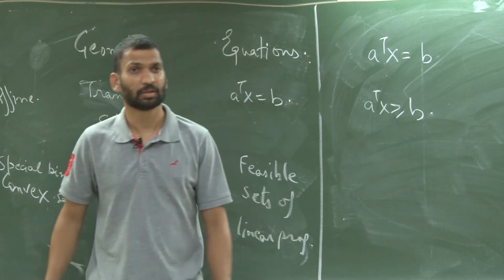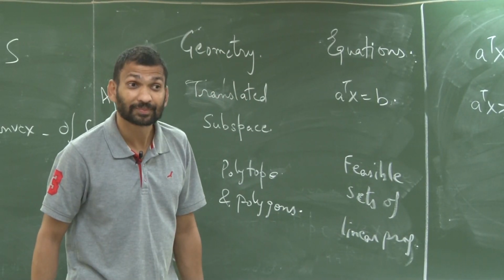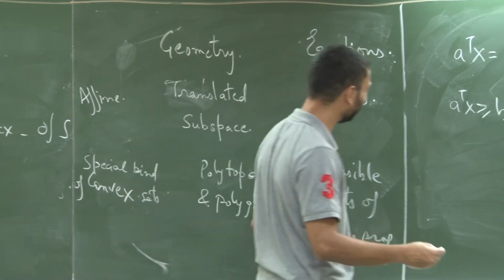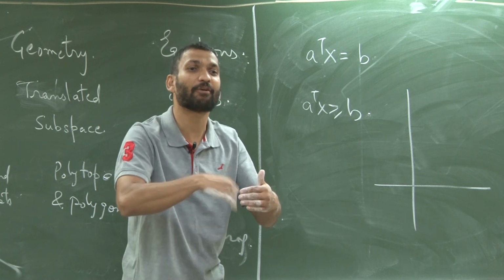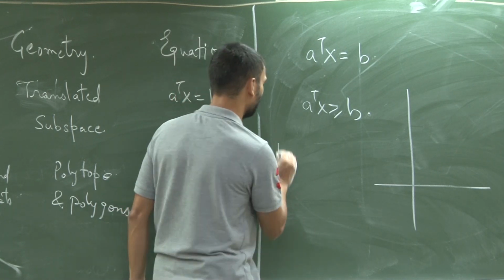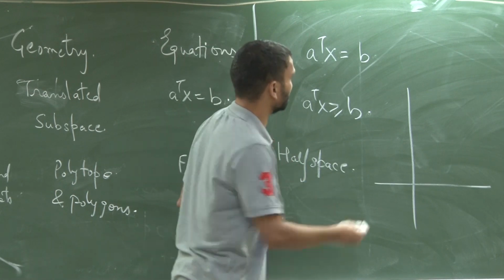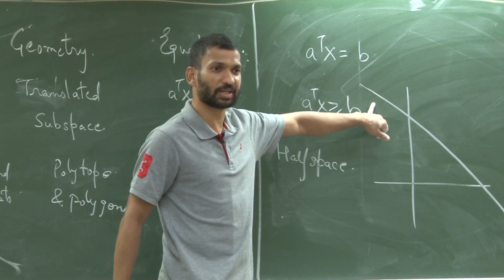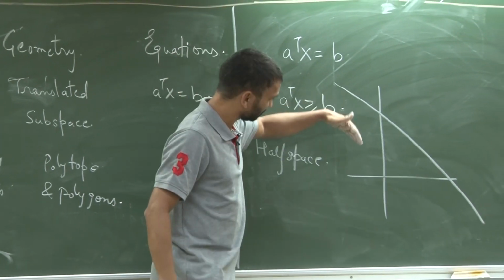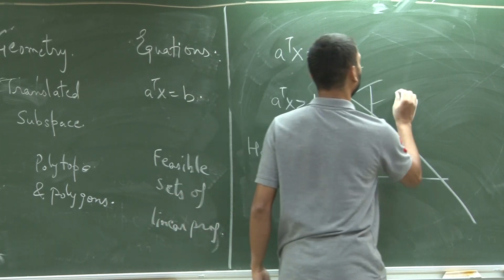What is this? Yeah, this is not a plane, this is a half plane. We call it half space. And yes, you take a line, this is the line describing A transpose X equal to B, either this side or that side, depends on what A and B are.